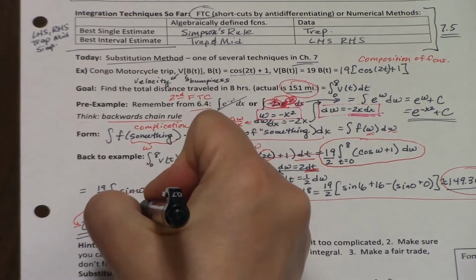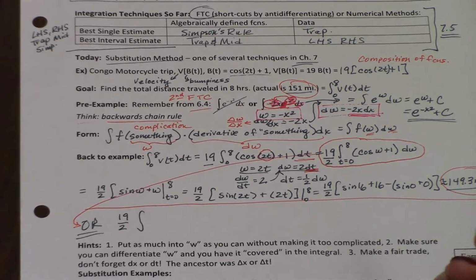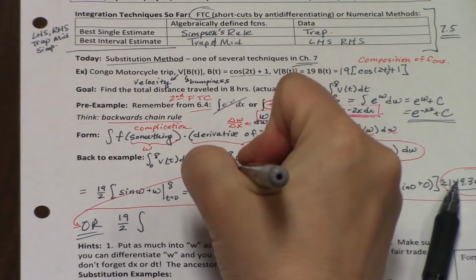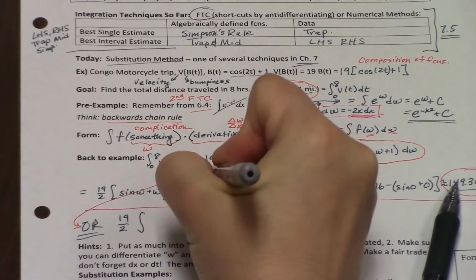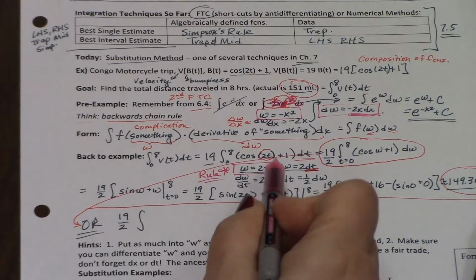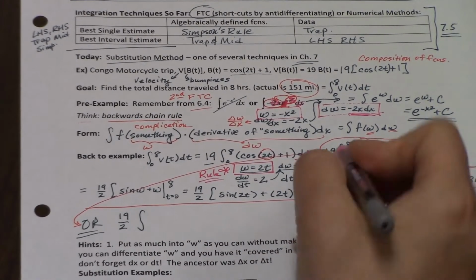So in this case, I need to think, when t is equal to 0, what would w be equal to? Here is where I need to remember that this rule here, that's relating w to t. So this is always the way that I can convert everything. So that means these limits as well.